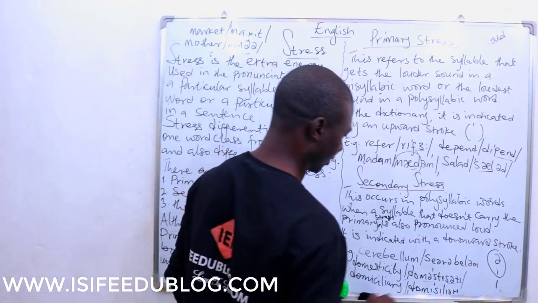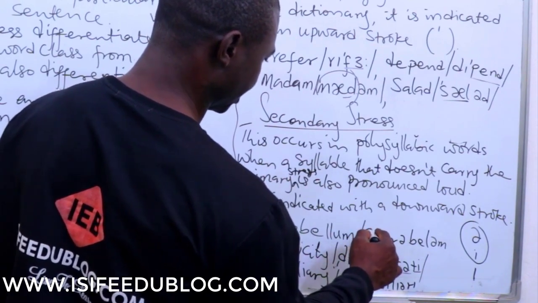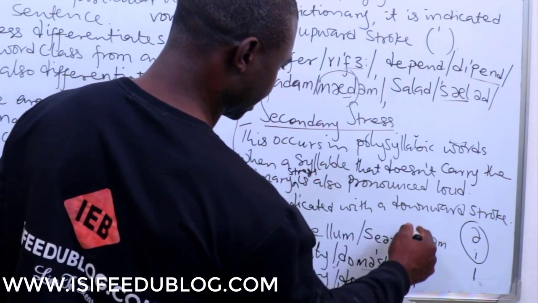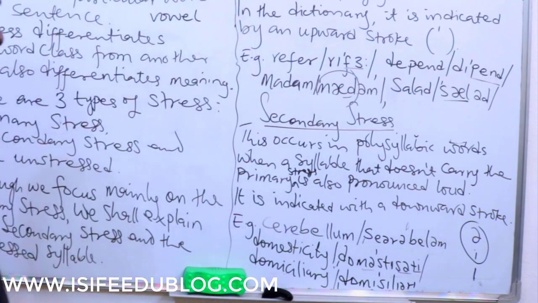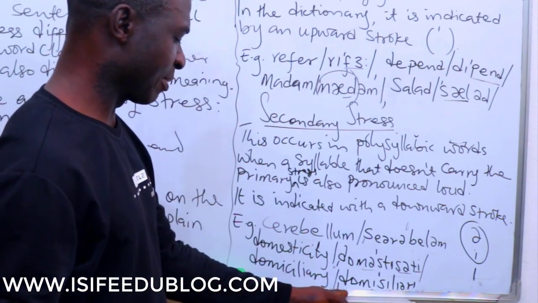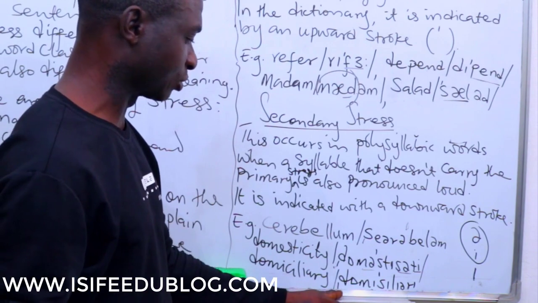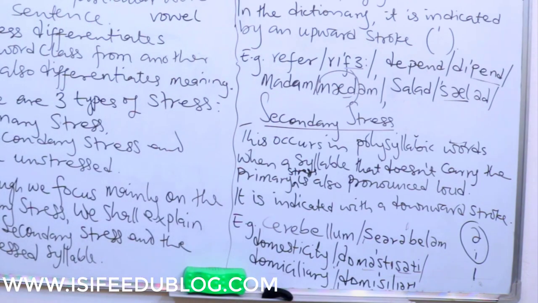Cerebellum. Here is our primary stress and here is our secondary stress. Domiciliary. First level, primary stress, secondary stress. Third level, primary stress.